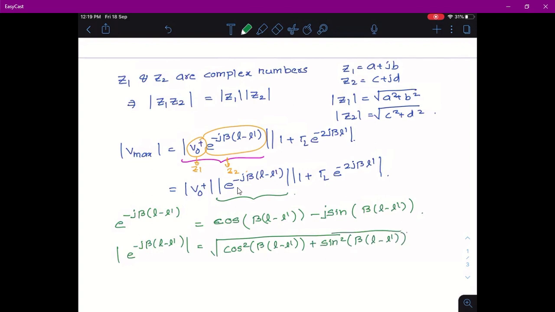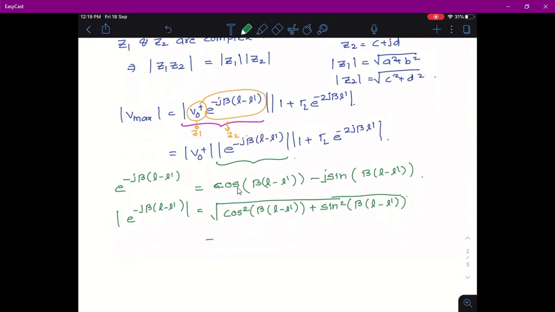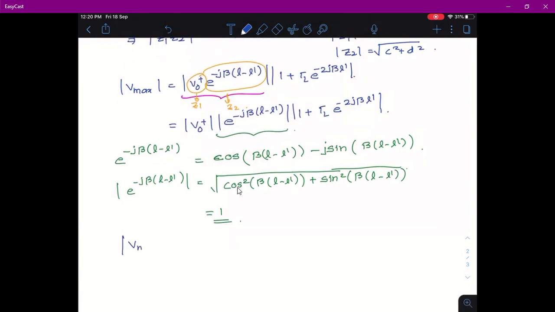So, this is root over cos square theta plus sin square theta, which is equal to 1. Okay. So, I can write mod V max as mod V0 plus, or magnitude of V0 plus, multiplied by 1 multiplied by the magnitude of 1 plus tau L e raised to minus 2 j beta L dash.